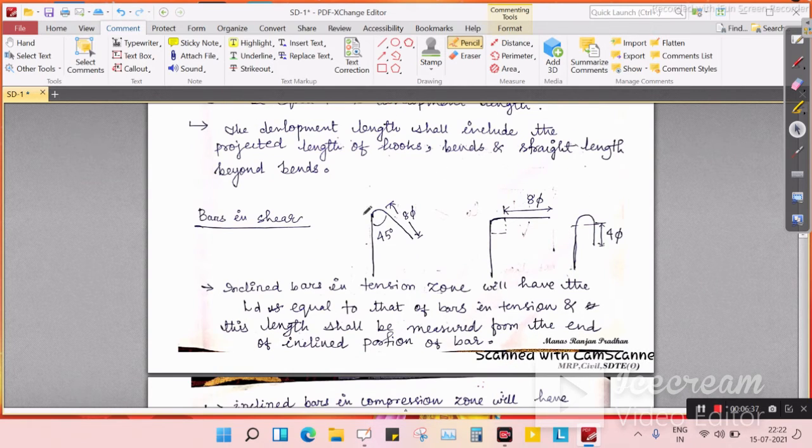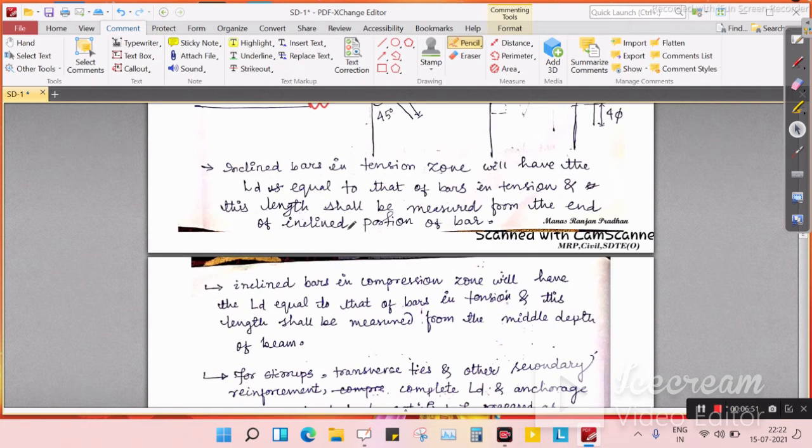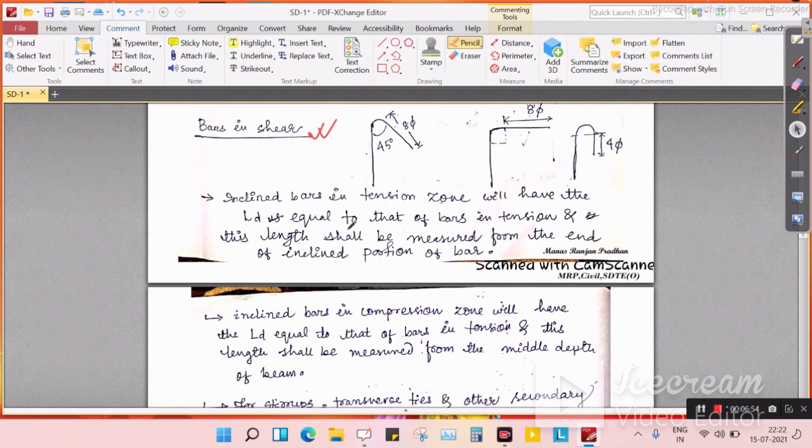Again, bars in shear. Inclined bars in tension zone will have the LD equal to that of bars in tension, and this length shall be measured from the end of the inclined portion of the bar. Inclined bars in compression zone will have the LD equal to that of bars in tension, and this length shall be measured from the middle depth of the beam.